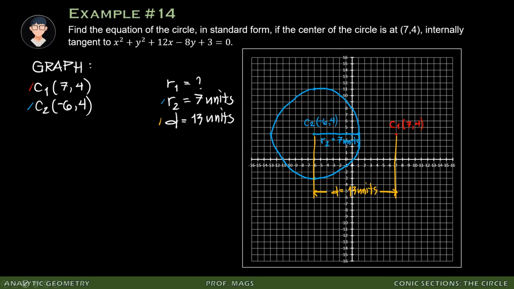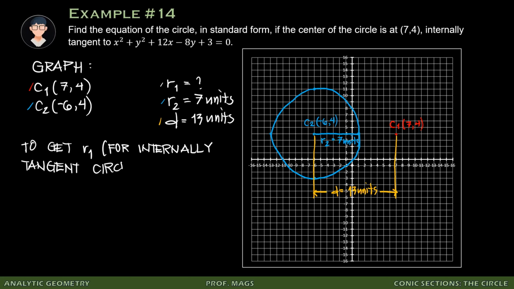So, paano ba natin makukuha yung R sub 1 natin? To get R sub 1 for internally tangent circles, the formula in getting that is R sub 1 is equal to D plus R sub 2.